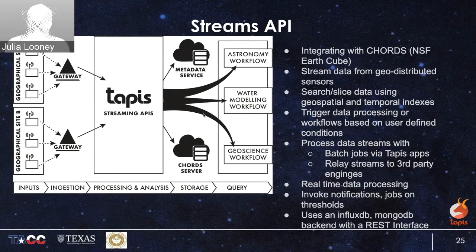And so it can help with real-time data processing, and it can also do things like invoke notifications in jobs. And this is done primarily using InfluxDB, MongoDB with a backend REST interface. So this is one thing we're using to help solve some of those challenges.